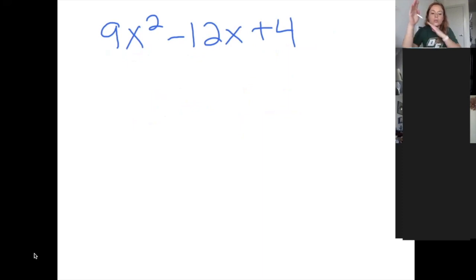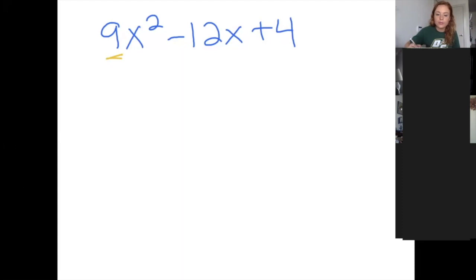So let's practice the x method and then I'll show you the shortcut and then we'll practice the shortcut some more. But I want you to first recognize that when you don't have a leading coefficient of 1, you automatically should think x method. But what I want you to start thinking through now is, do I have a perfect square? Well, is 9 a perfect square?